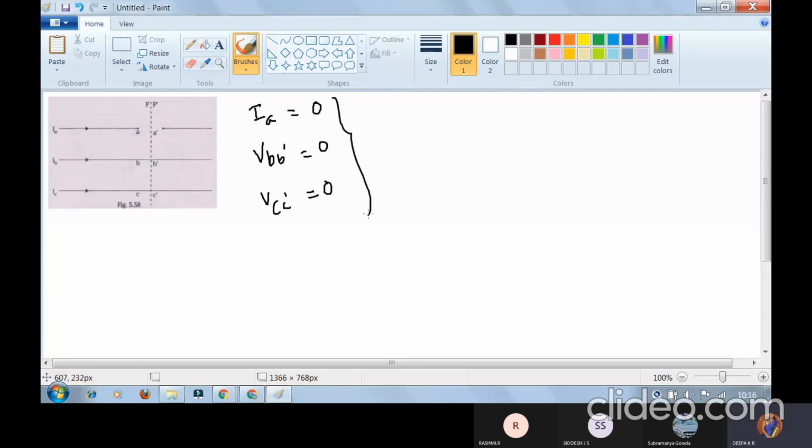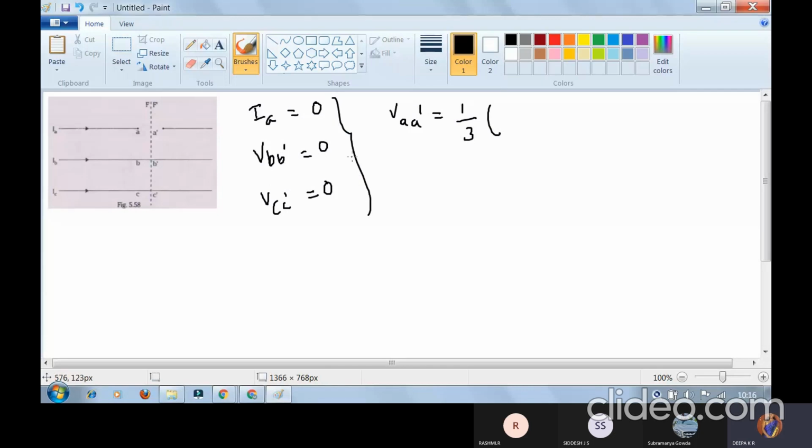Now we go with the symmetrical component relationship, so we'll find out the voltages. First, the positive sequence, that is VAA dash. What is the standard formula? One by three. Normally we write VA plus a into VB plus a square into VC. But here A, B, C have been changed to the terms A dash, B dash and C dash.